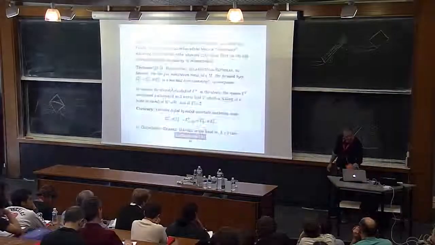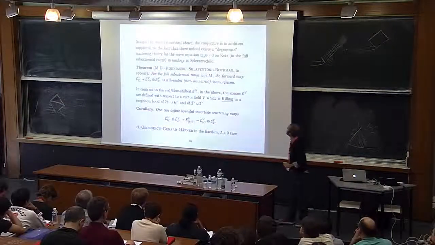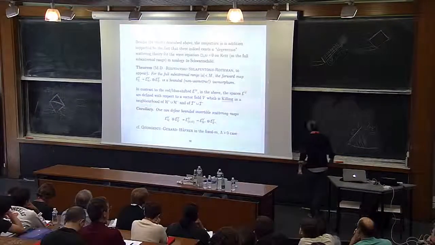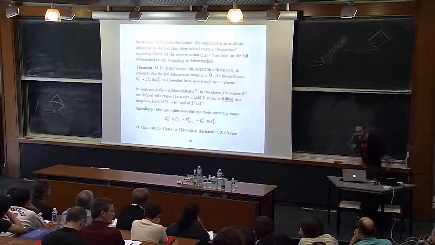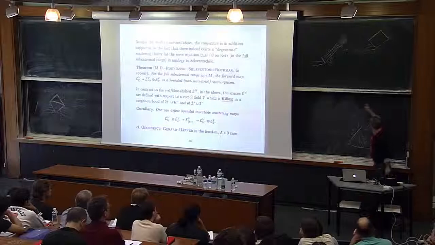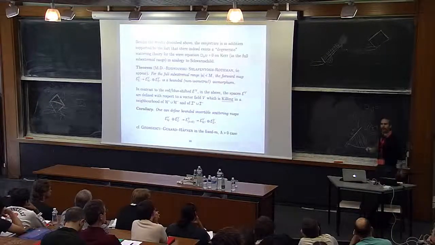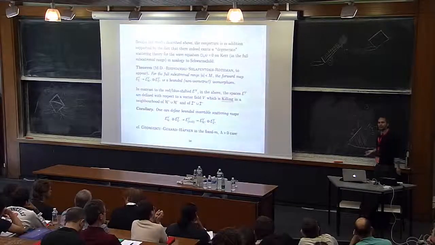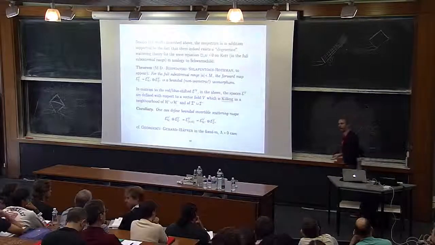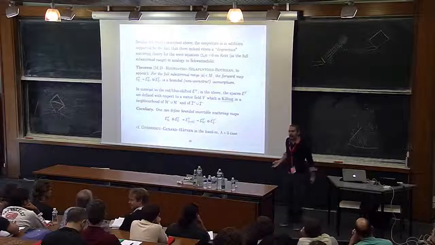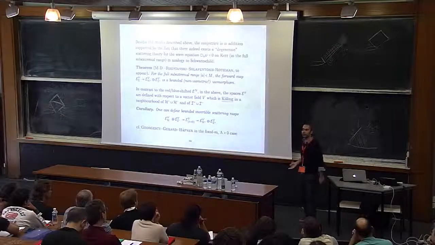So let me just give... You might worry about this problem because at least in the Kerr case, even if I look at the scalar wave equation, it's not clear that there's any analog of a scattering theory in the sense that there was for Schwarzschild.